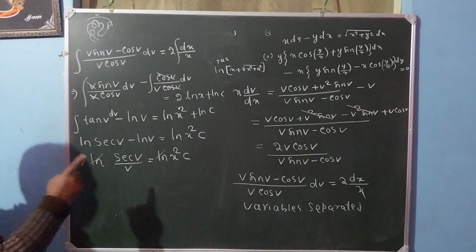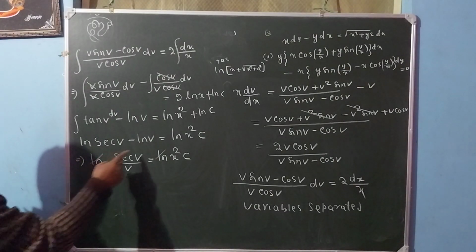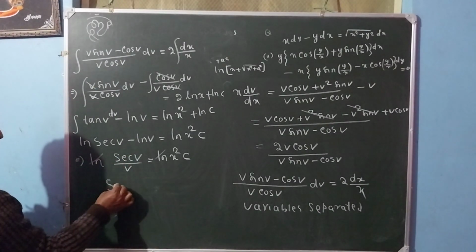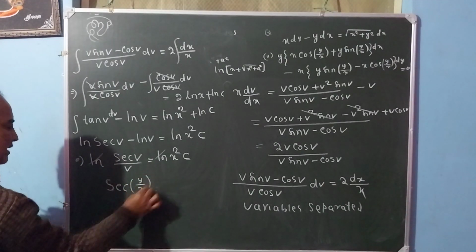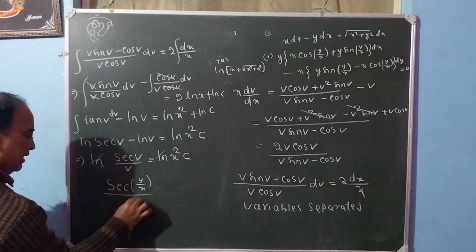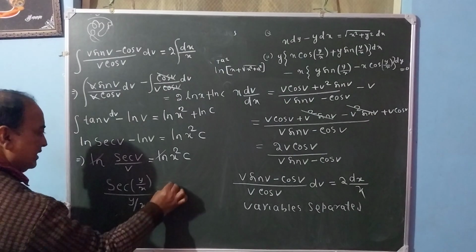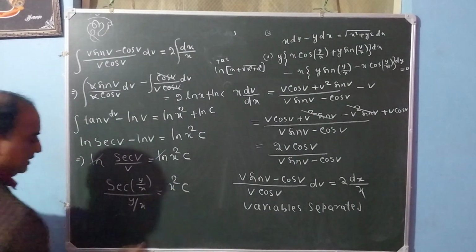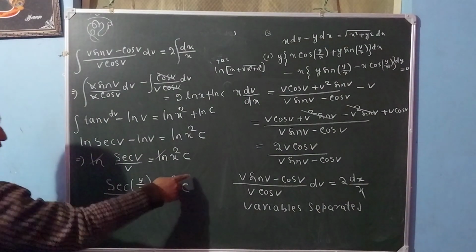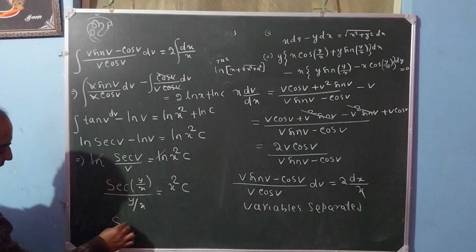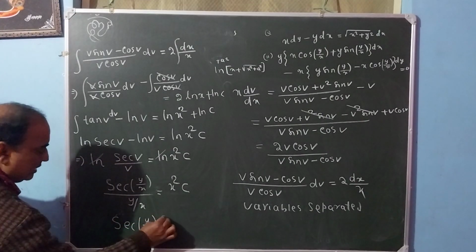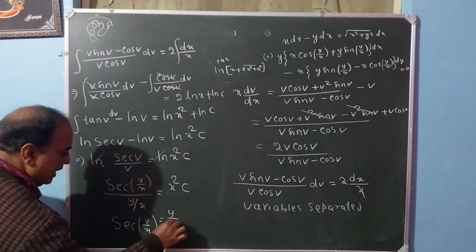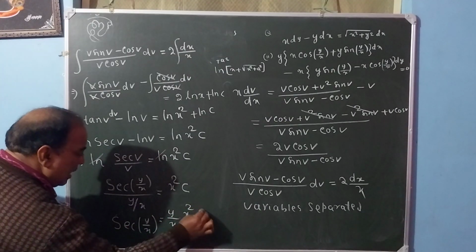Now in place of v we put y by x. So sec(y/x) divided by y by x is equal to x square into c. Multiplying this with this, sec(y/x) is equal to y by x into x square c.